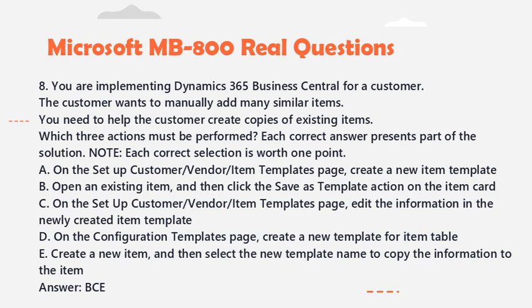B. Open an existing item, and then click the Save as Template action on the item card. C. On the Setup Customer, Vendor, Item Templates page, edit the information in the newly created item template. D. On the Configuration Templates page, create a new template for item table. E. Create a new item, and then select the new template name to copy the information to the item. Answer: B, C, E.